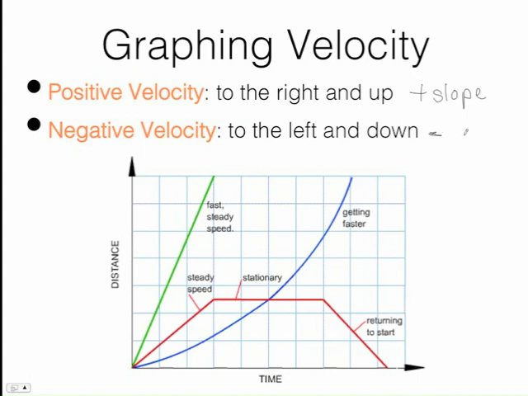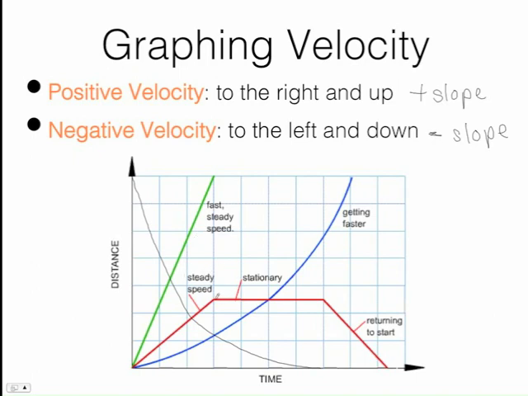If it has a negative slope, it's going to have a negative velocity. Now this is where people usually get confused. If you have a curved line up, that means whatever object you have is getting faster and faster. If you have a curved line down, that means whatever is moving is going slower and slower.